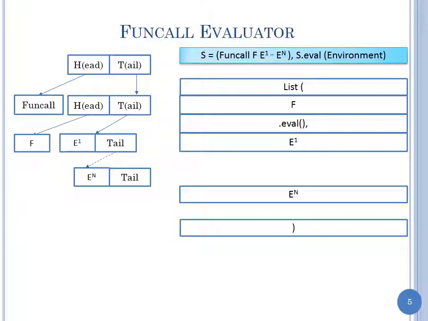I'm converting this into a lambda application. I already know how to evaluate lambda applications. I don't want to redo the work. Ideally, if you guys code it not so nicely, you might redo the work. So I'm creating a list that is an application and just saying, hey, evaluate in the environment.